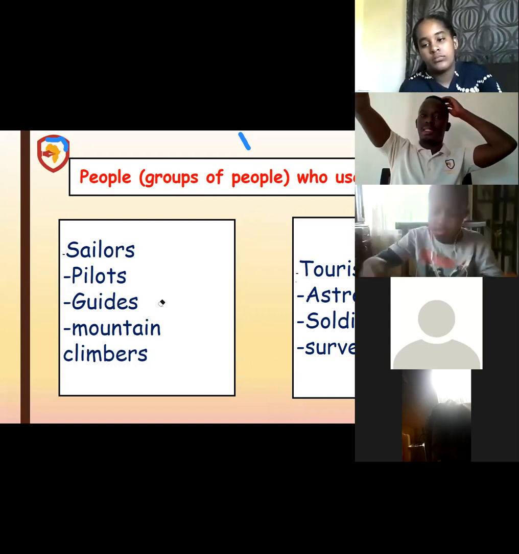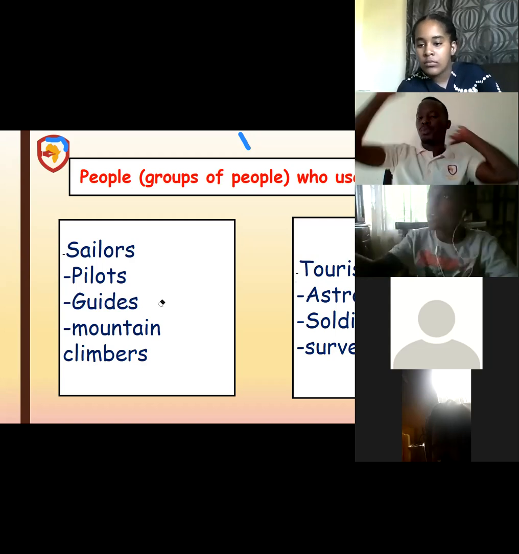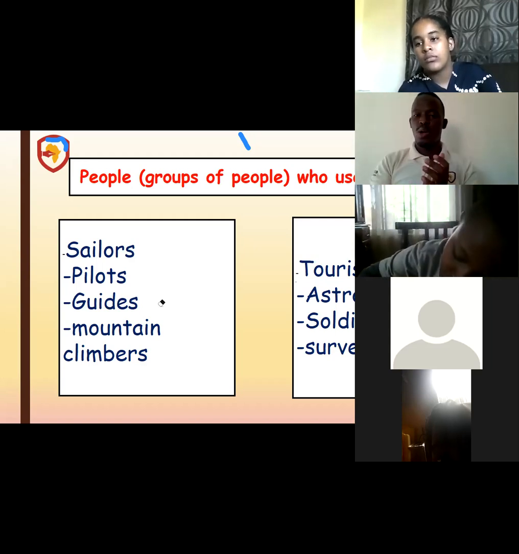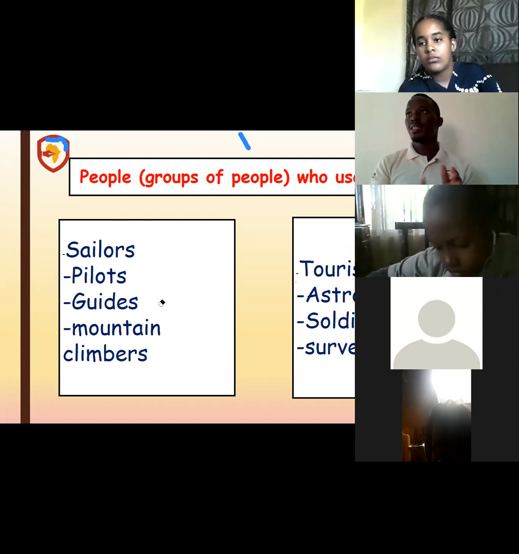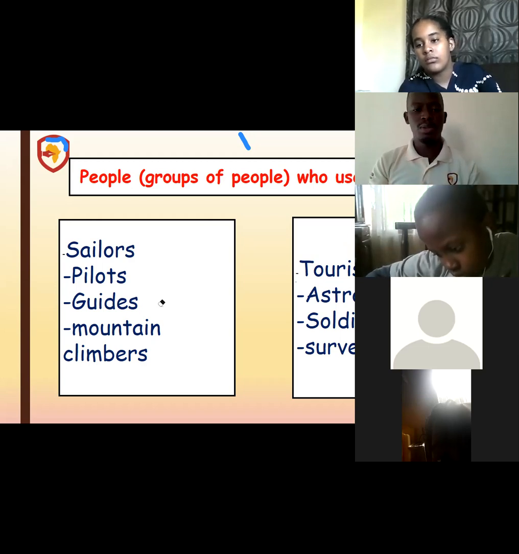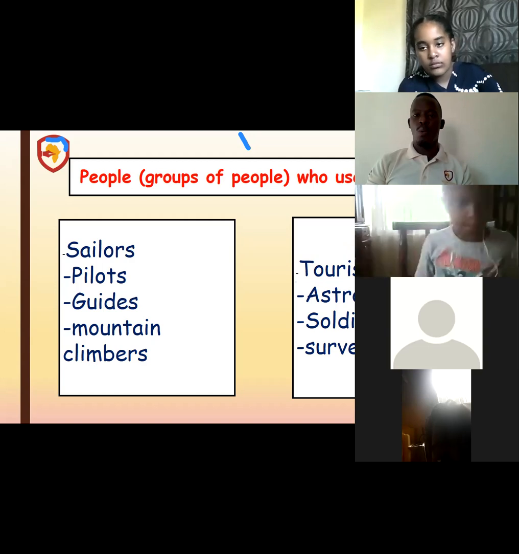The space scientists, people who do a lot with the space, who go up very far. We call them astronauts. Then tourists, those are people moving to visit places. You have soldiers, you have surveyors, people who measure around and survey it very well. Then mountain climbers, guides, scouts, soldiers, pilots.